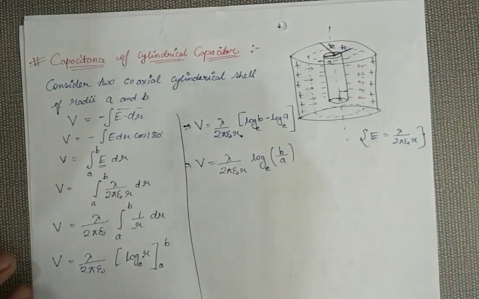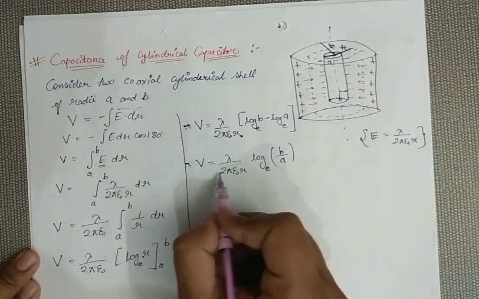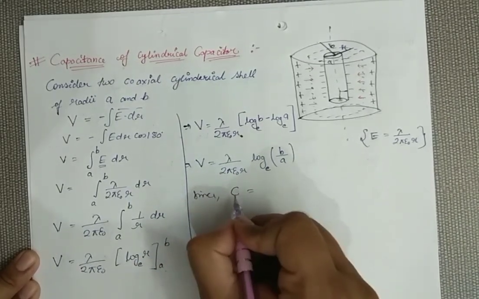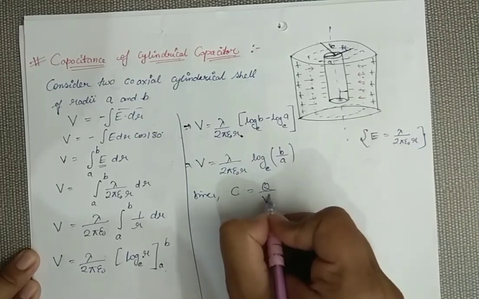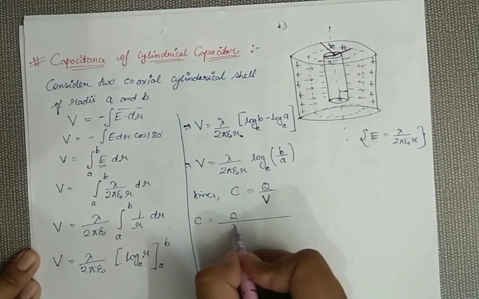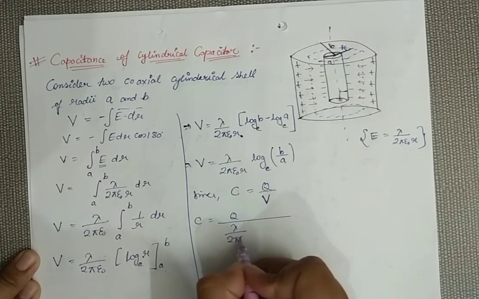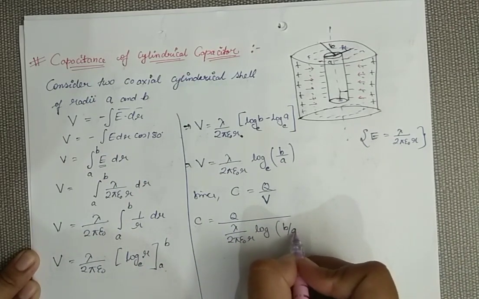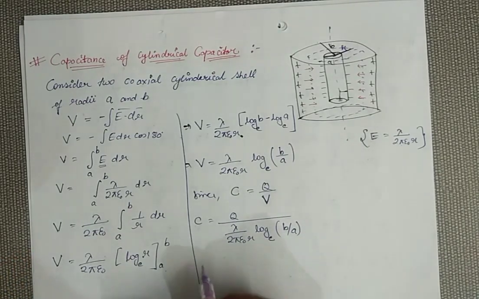So this one is the concept of potential. Now, since we have to find capacitance, that is C equals Q by V. Substitute the value of V, that is lambda upon 2 pi epsilon naught log of b by a base e.